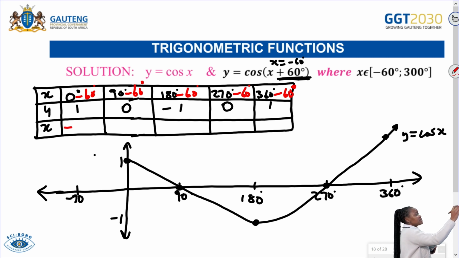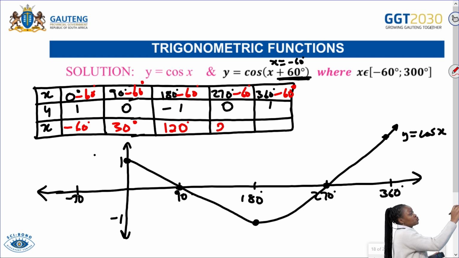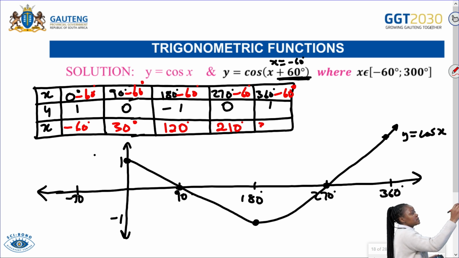So I'll have negative 60. At 90 minus 60, I'll have positive 30 degrees. At 180 minus 60, I'll have positive 120. At 270 minus 60, I'll have positive 210. And at 360 minus 60, I'll have positive 300.